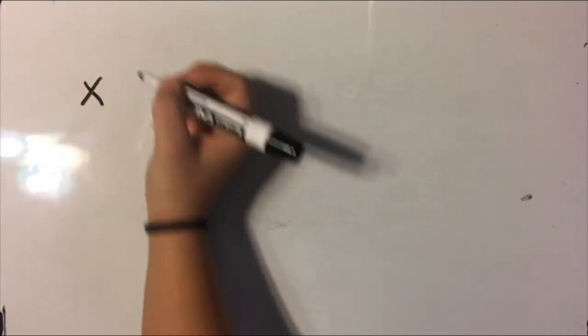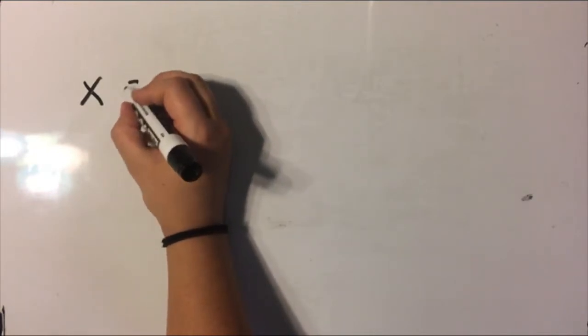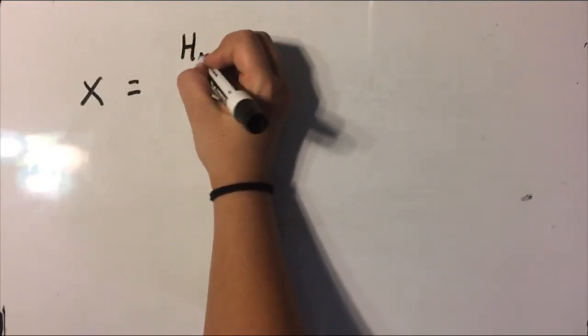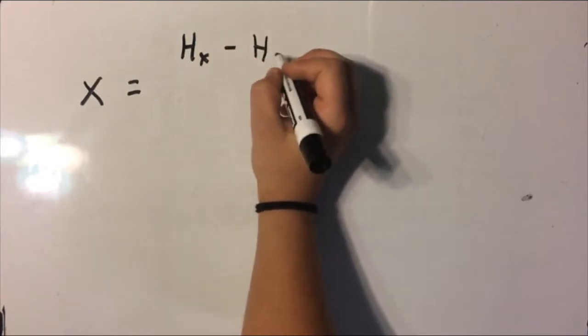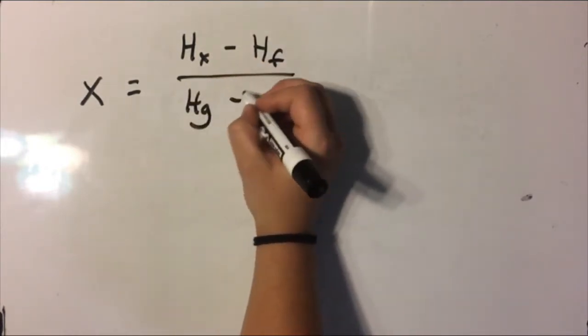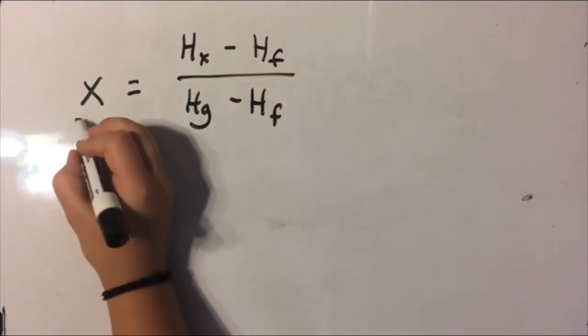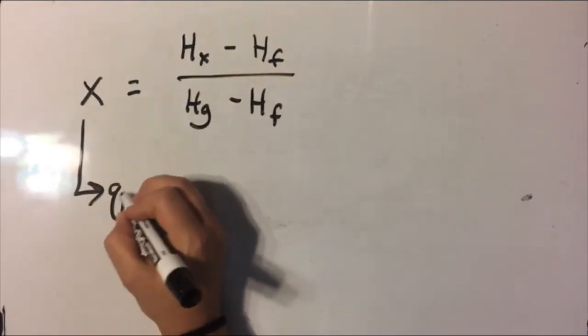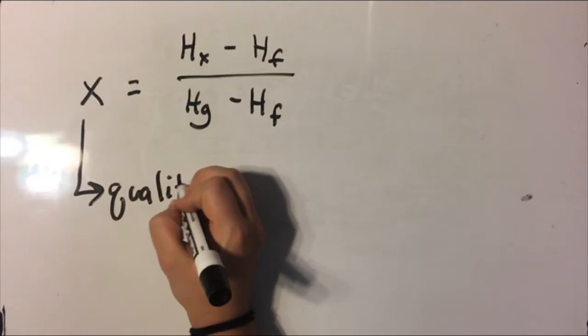Alright, so moving on to part B, we're told to calculate the quality of the vapor. So we're going to use a bit of a weird equation, one that we have not seen before. X defines our quality of our vapor. I'm going to write out the equation and then I'm going to explain it to you. So again, X is the quality of the vapor. Essentially, is it humid?